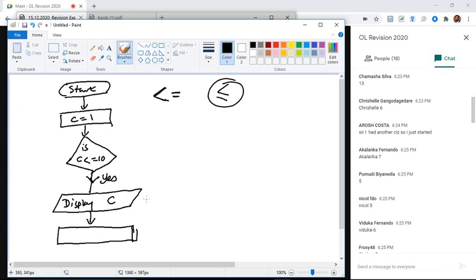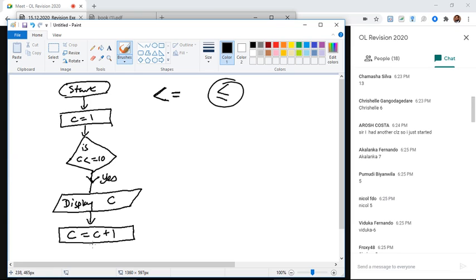To make it 2, what do you have to do? You have to increase C by 1. So C equals C plus 1. So after it displays C, it will increase by 1.